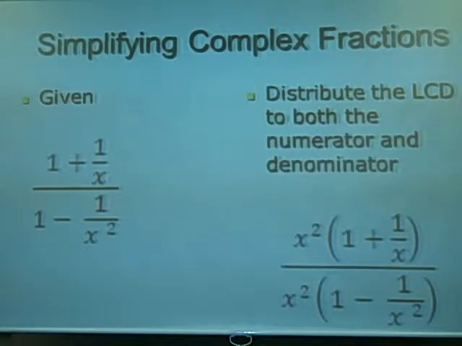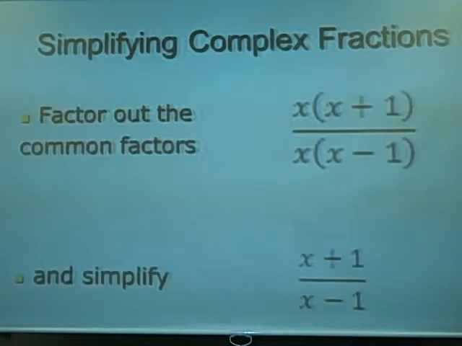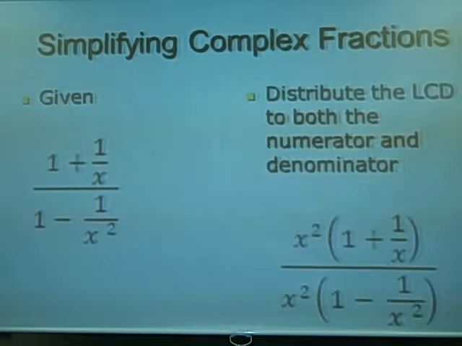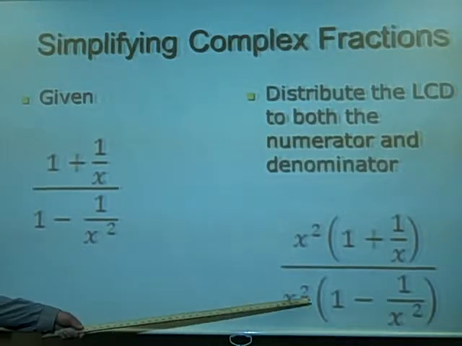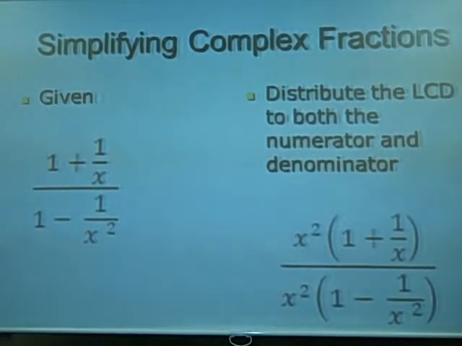And so we factor out the common factors and we simplify. Oh, I know what it was. We have to distribute. We have got x squared, so it'll be x plus 1 and x minus 1. All right. So let's take a look at some problems from that.